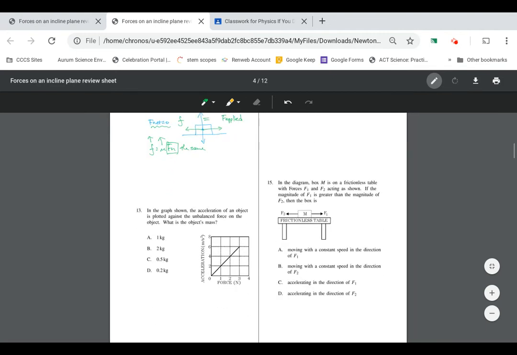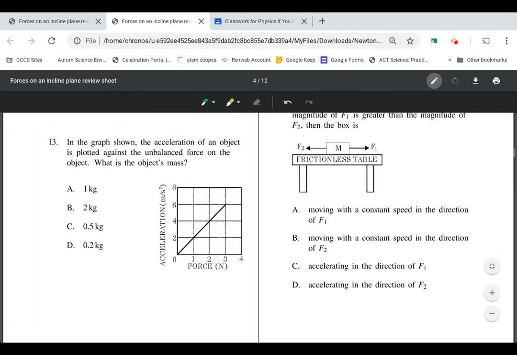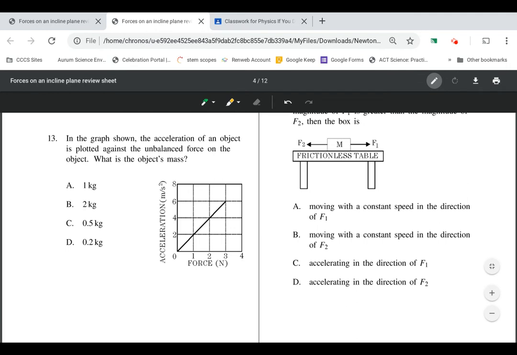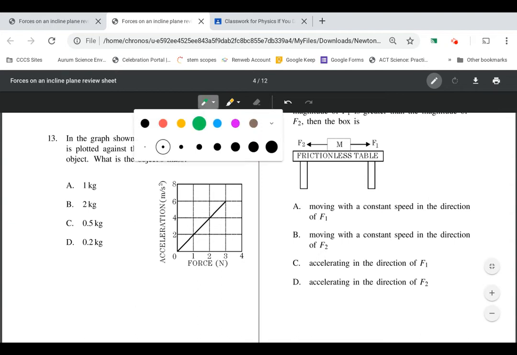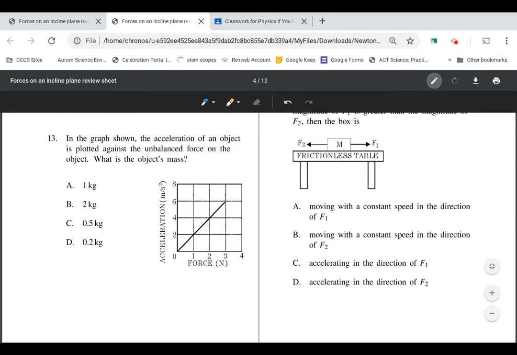Number 13. In the graph shown below, the acceleration of an object is plotted against unbalanced force. What is the object's mass? Basically, you can pick any of those points. You can pick this point, or this point.